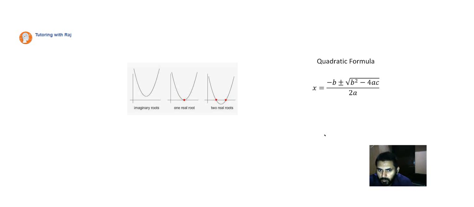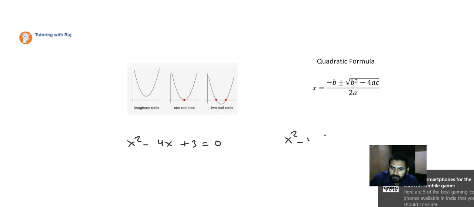We can try an example here: x squared minus 4x plus 3 equals 0. That's one problem. And we have another problem, which is x squared minus 4x plus 1 equals 0.